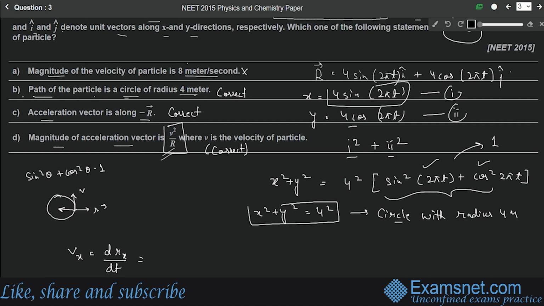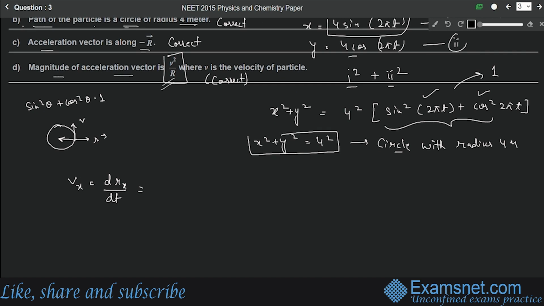So we'll get 4 into 2 pi, and the differentiation of sine theta is cos theta, so we get cos 2 pi t. That is equal to 8 pi cos 2 pi t.